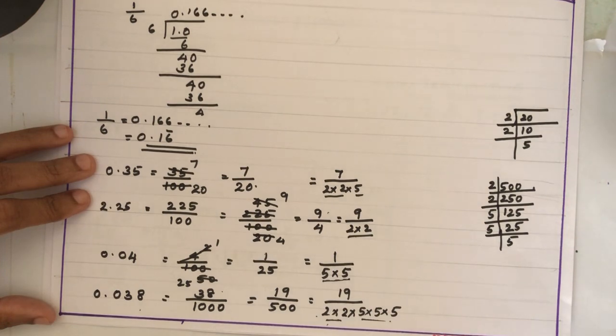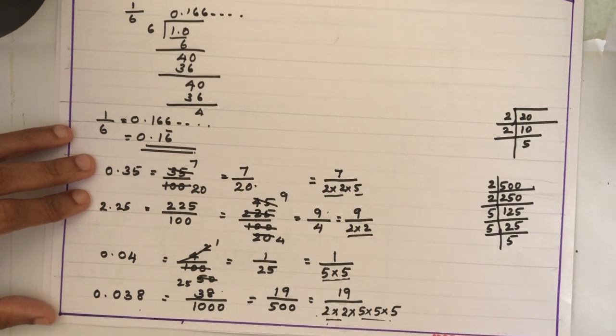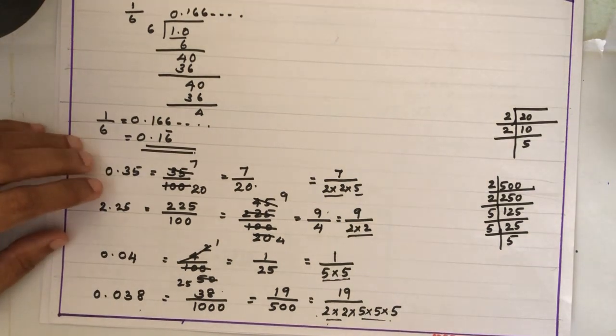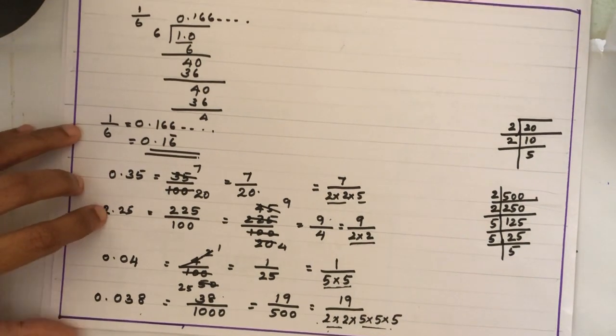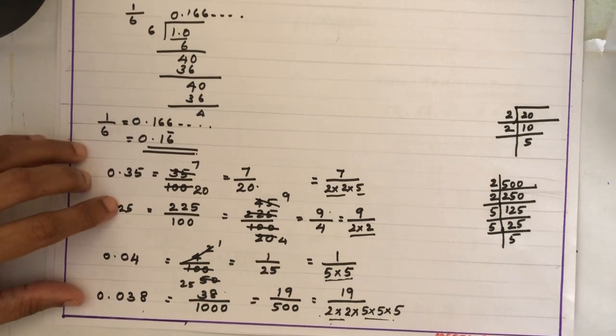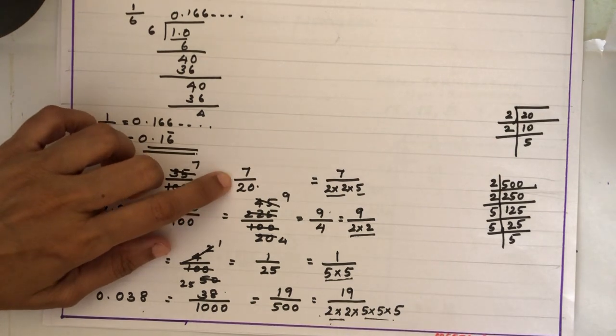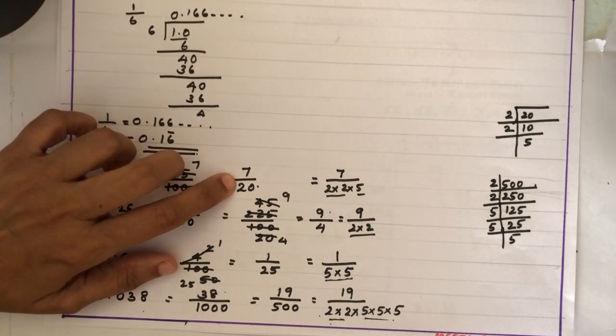Okay children, so what can we conclude? When we have the terminating decimal form, its rational form will have one property.